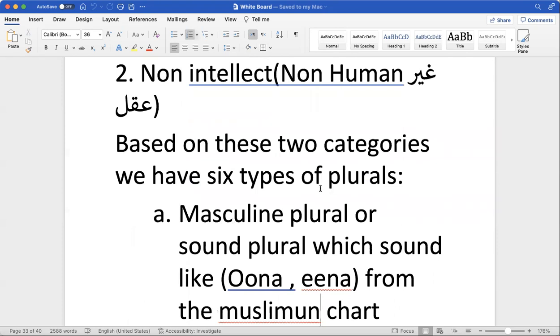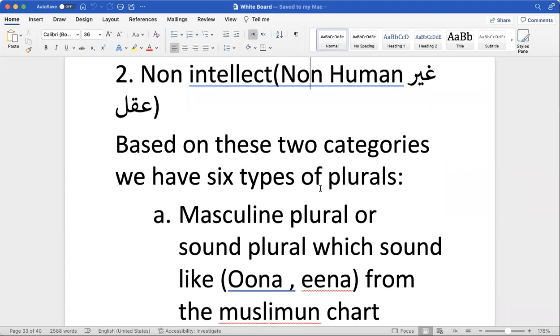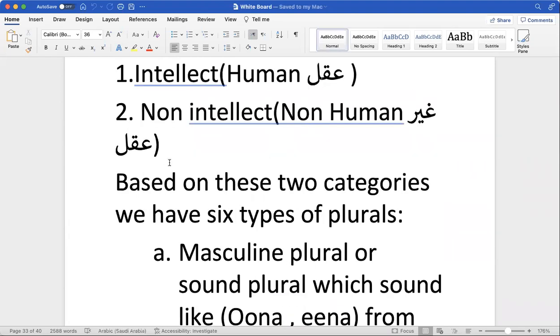Okay, 6 types. And in those 6 types, we will have some normal plurals and some broken plurals. We have normal plural for both intellect as well as non-intellect, and we have broken plurals for both intellect as well as non-intellect. Correct? In both categories, right?